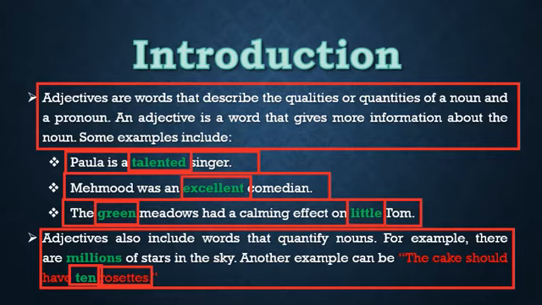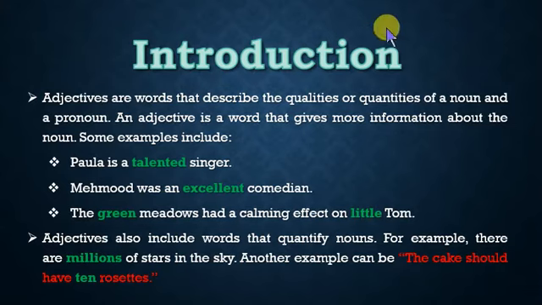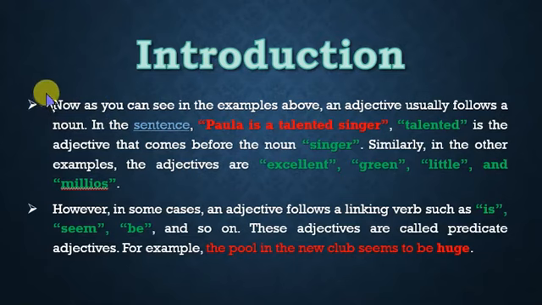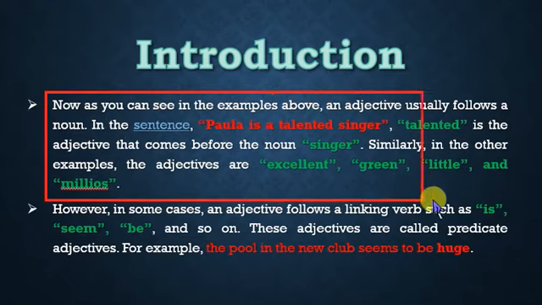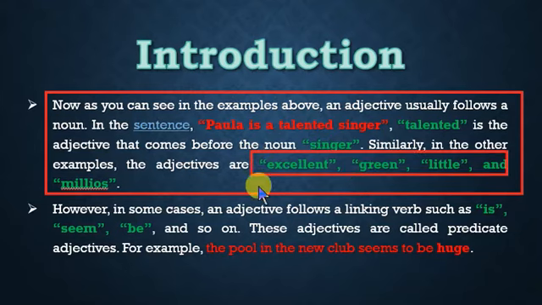Now we will move to the next slide. As you can see in the examples above, an adjective usually comes before a noun. In the sentence, Paula is a talented singer, talented is the adjective that comes before the noun singer. Similarly, in the other examples, you are able to see the adjectives are excellent, green, little, and millions.